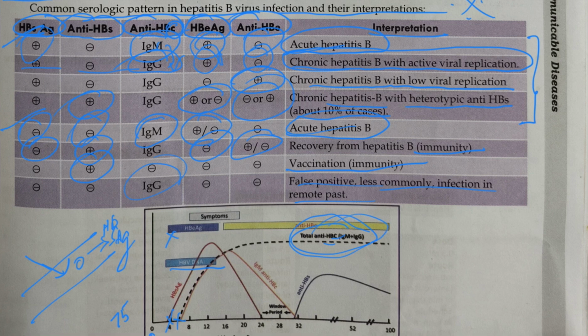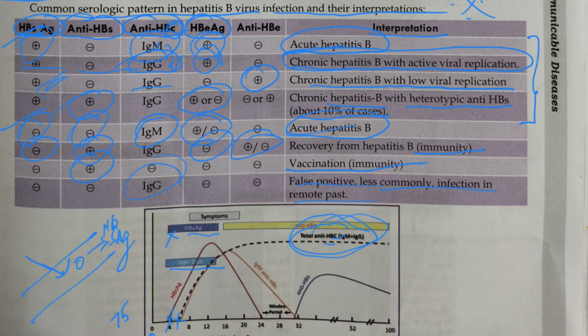Then HBe is also present. Then, still there, HBs, HBe antigen, and IgG are still there. Then the one that newly starts to appear is anti-HBe.